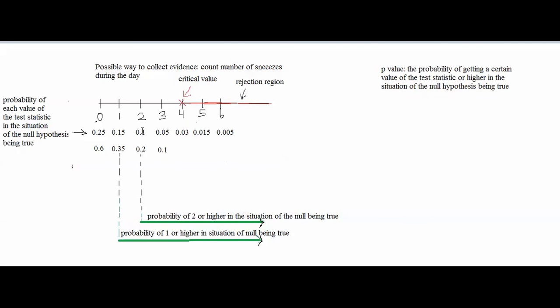So the p-value of 2 sneezes was 0.2, and what that means is that the probability of getting 2 sneezes or more when the null hypothesis is true is a 0.2 probability.